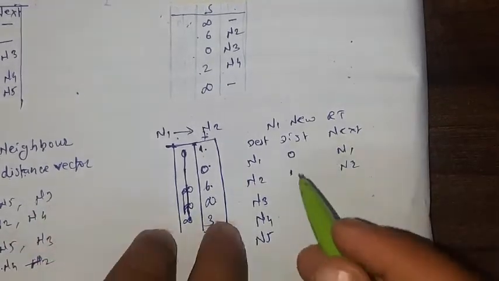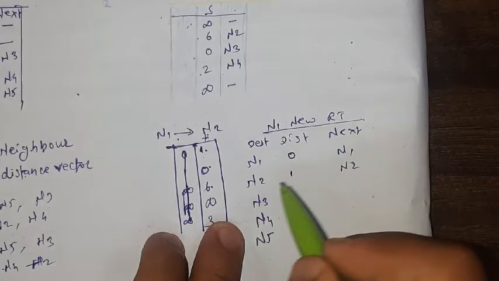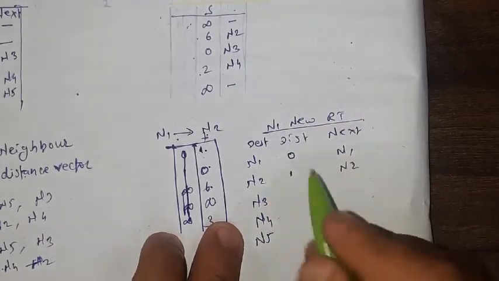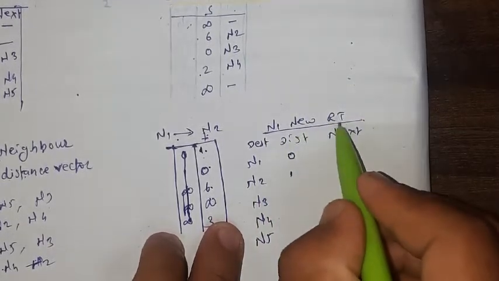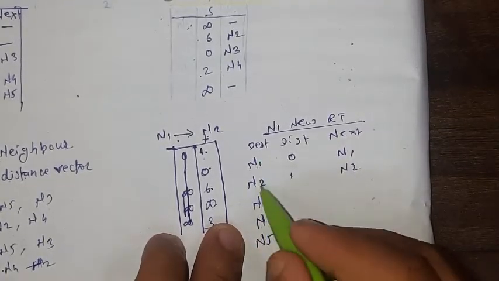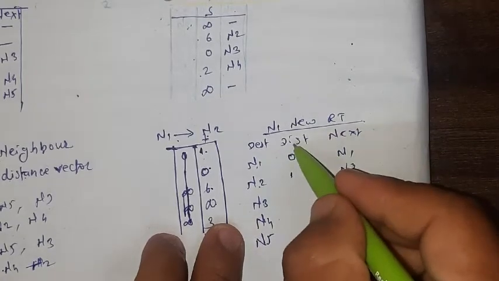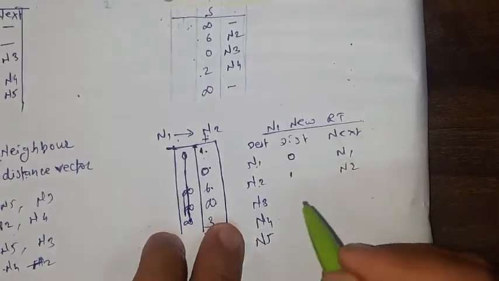So let's start. This is a new table for n1. We're trying to generate a new routing table for n1. So destinations are the same, n1, n2, n3, n4 and n5, and here the distance column and the third column is next.